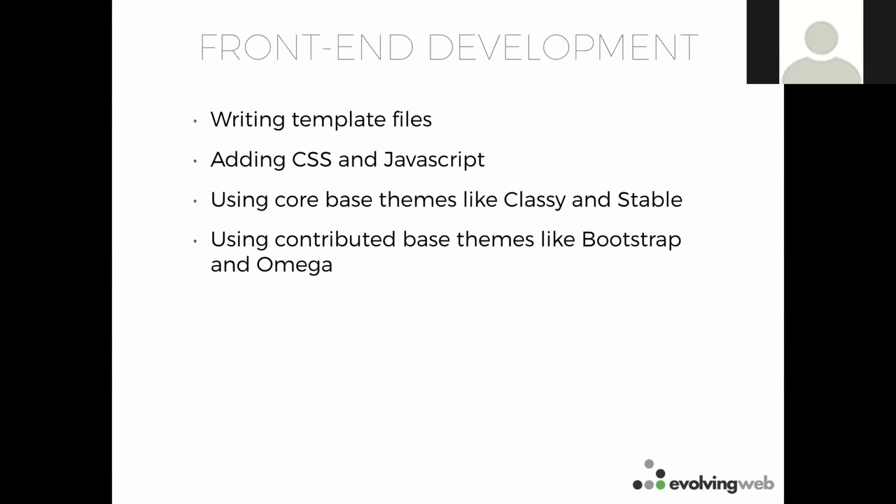And this usually involves things like writing template files, which are mostly HTML, adding CSS and JavaScript. You might be using some themes that already exist from Drupal core or from Drupal.org contributed themes. And if you're looking at having a really custom front end for your site and you don't want a generic theme, then these are the types of things you're going to have to do.